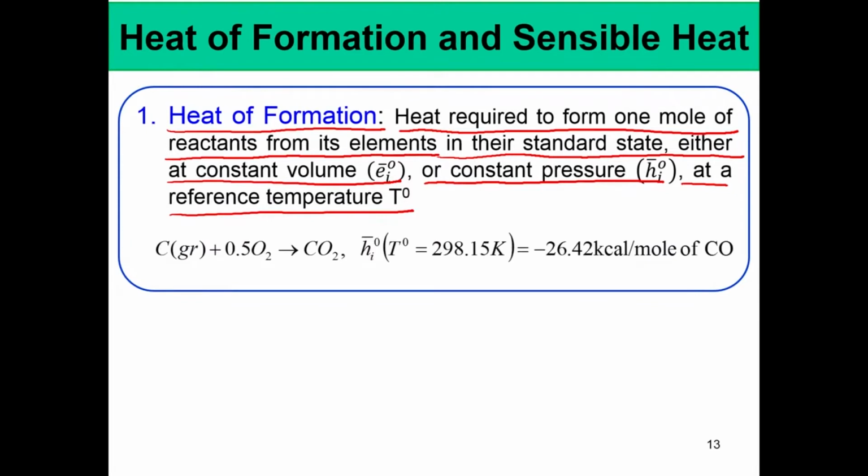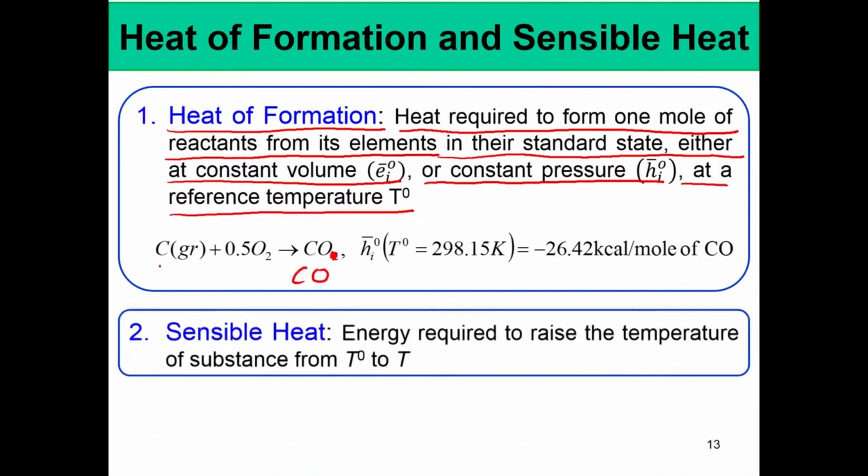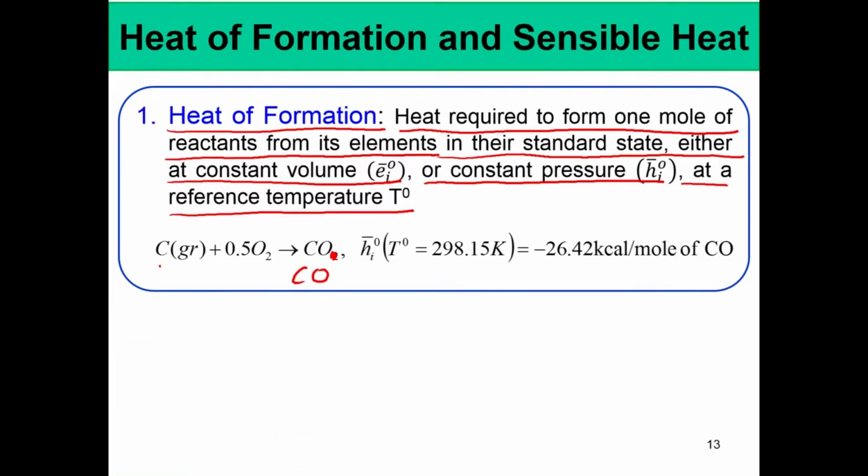As an example, if you are interested in the heat of formation of CO, this is not CO2, this is rather CO, which is formed from 1 mole of solid carbon, graphite, and half mole of oxygen, and that gives you 1 mole of carbon monoxide.